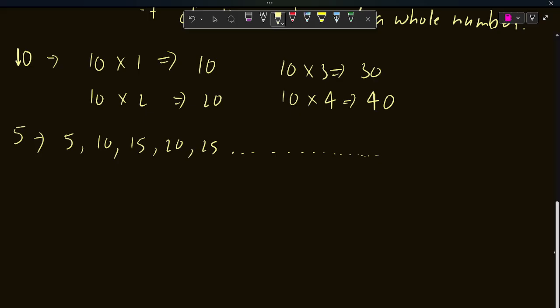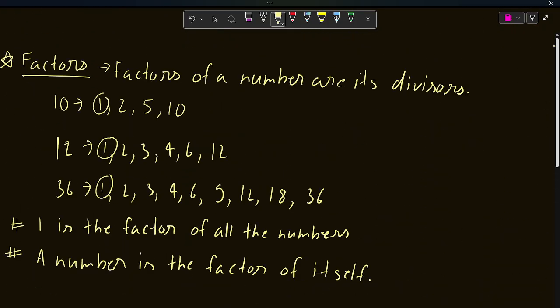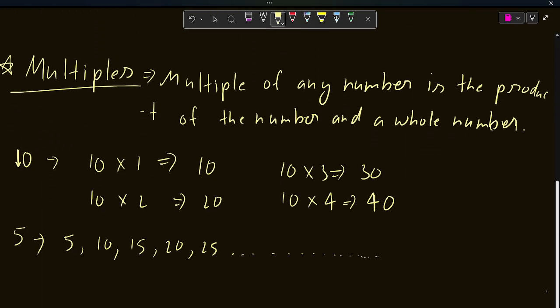In factors, we had limited numbers, right? If I talk about factors of 10, then there are only 4 numbers which are factors of 10. But if I try to write multiples of 10, then there is no end. You cannot say that there are only 10 multiples of 10 or only 100 multiples of 10.